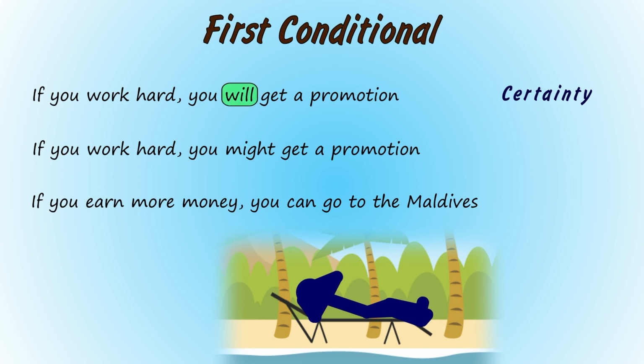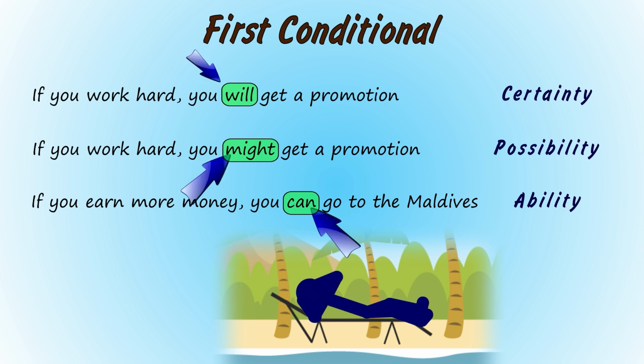The second example expresses possibility by using might, and the third example expresses ability using can. Because if you earn more money, you have the ability to pay for a holiday to the Maldives. To make these sentences, we simply replace will with the modal verb.